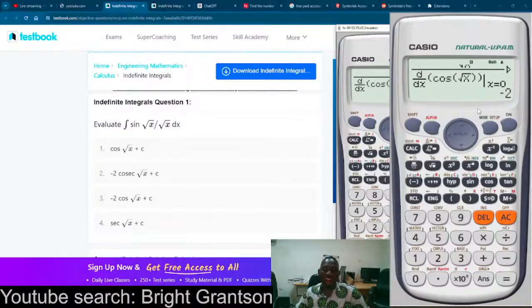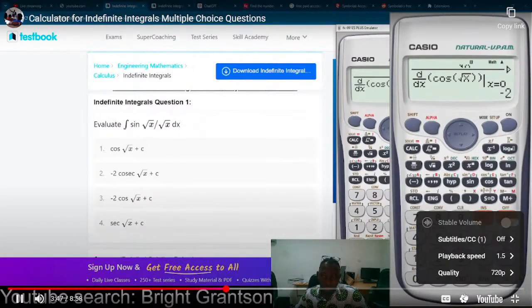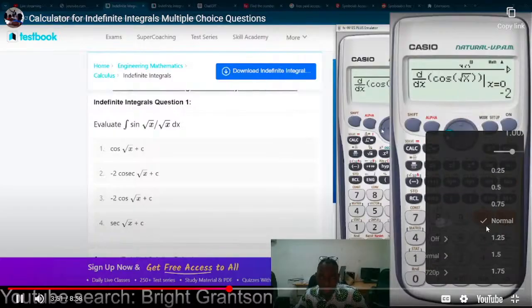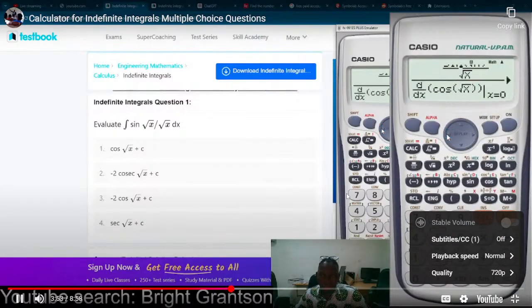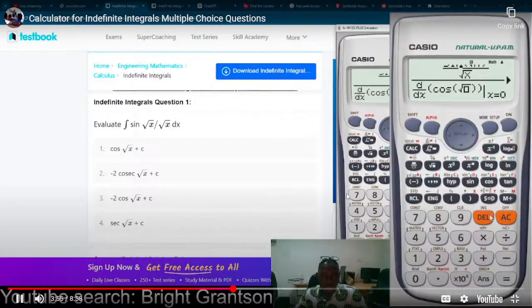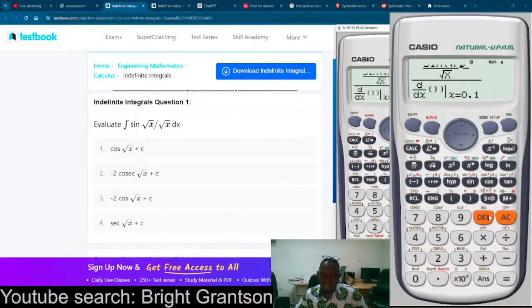I have to try all the multiple choice options until I get the answer of 1. So the first one is wrong because it's not giving me 1. Then I'll come back and change this value and select option 2, cosec. We know that cosec is the same as 1 over sine. So let's punch 1 over sine. Sorry, -2.